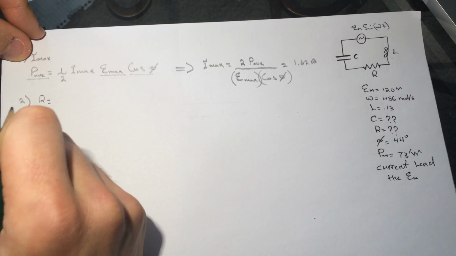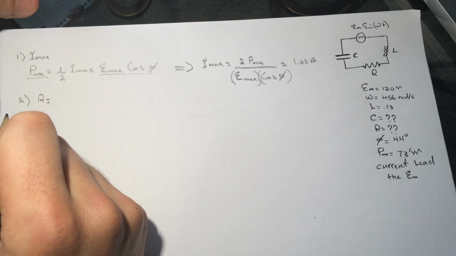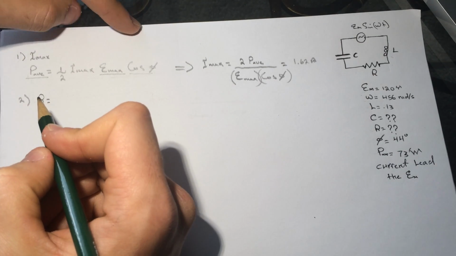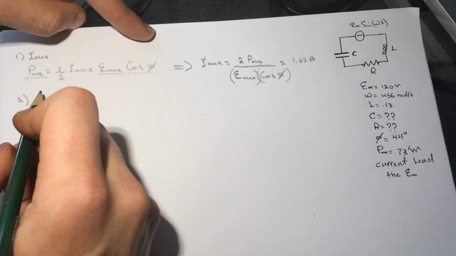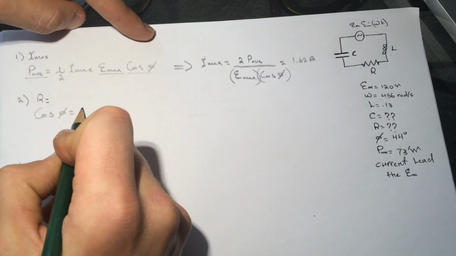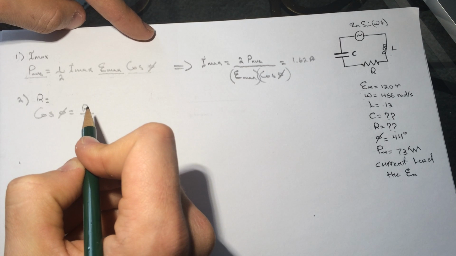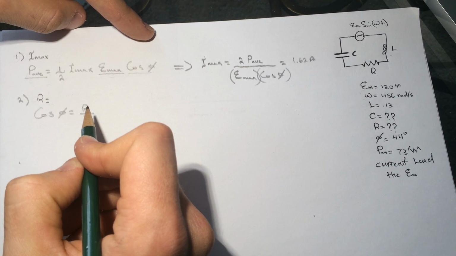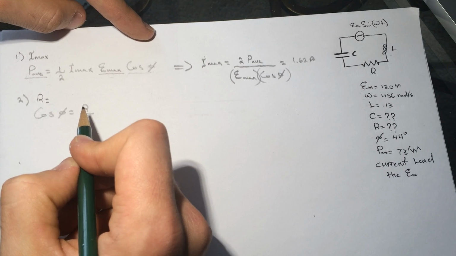They want to know R. So how do we go solving this now? We have the cosine of phi equal R over Z. How can we find the Z?